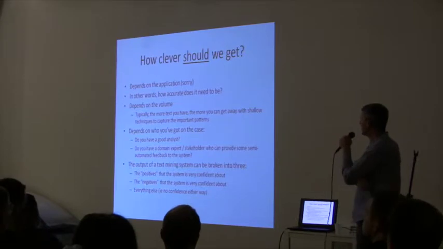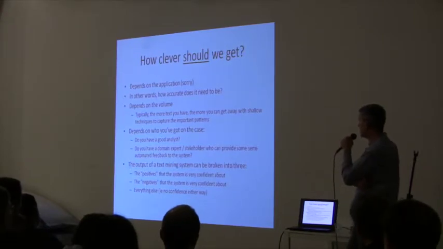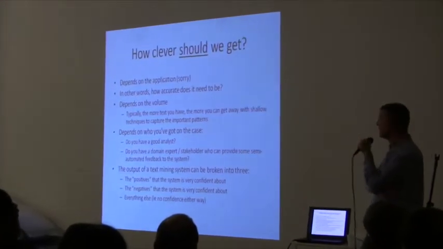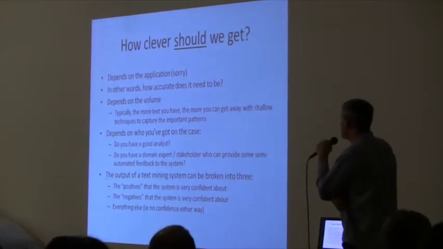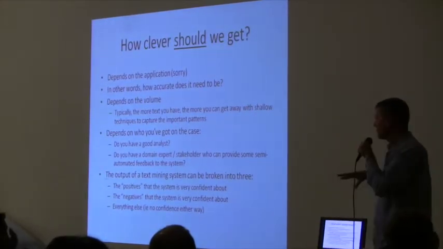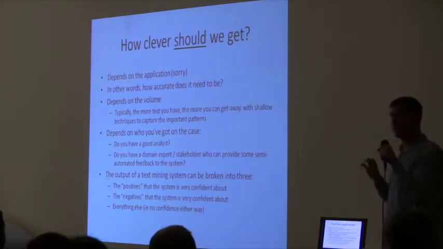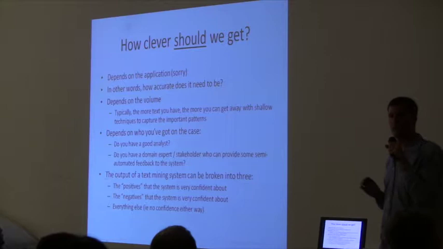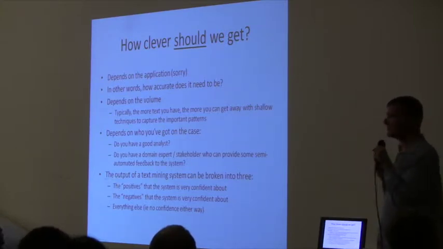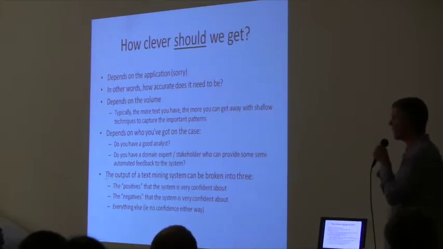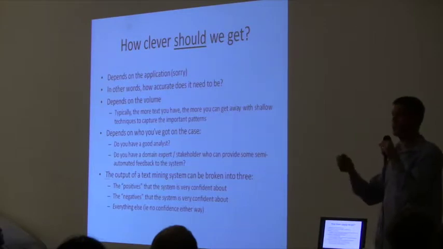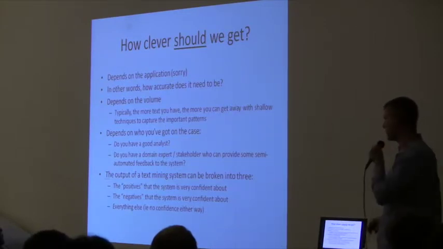Really, what I'm trying to say is that the output of a text mining system can typically be broken into three. First, the positives that the system is very confident about. There'll be times where it knows for sure that two documents are the same, or that a particular document belongs to a group of other documents.